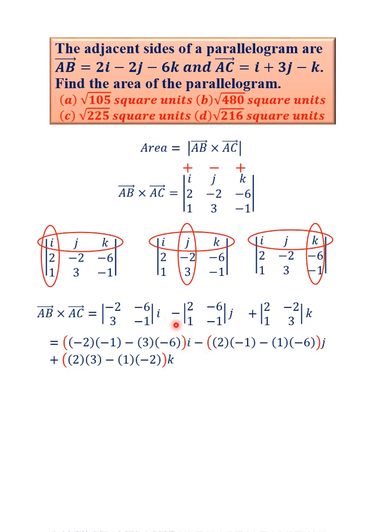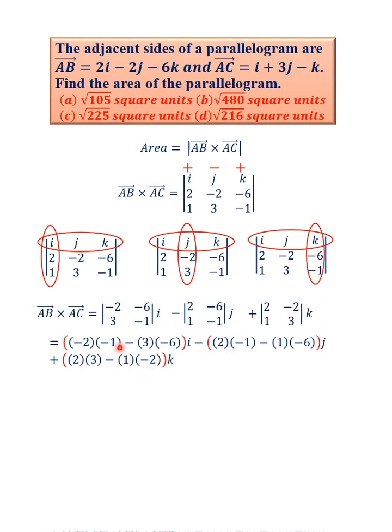The negative sign you drop here, and you do the same thing for this one: this diagonal first, 2 times minus 1, minus 1 times minus 6, and then your j vector. Plus, you do the same for the third one, 2 times 3, minus 1 times minus 2, and then your k.